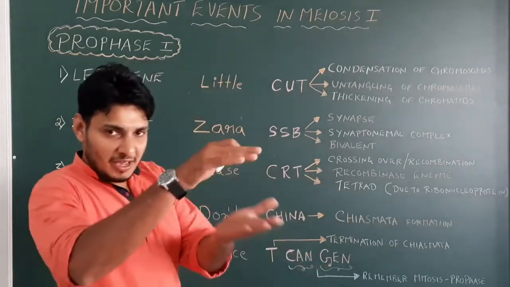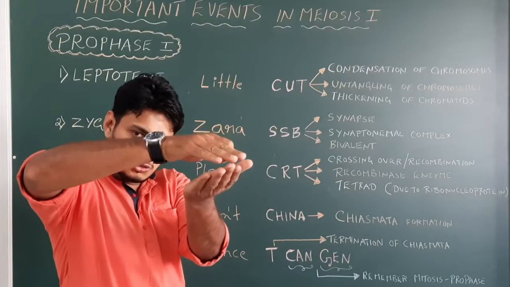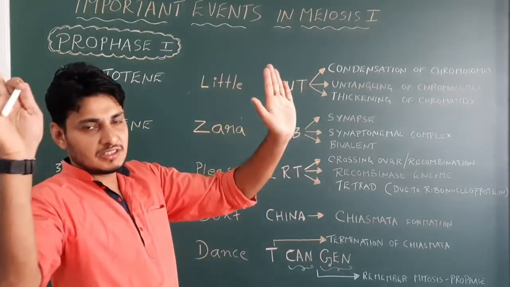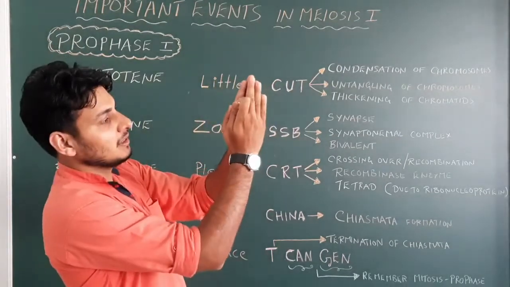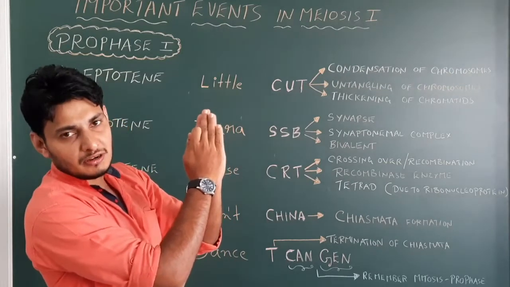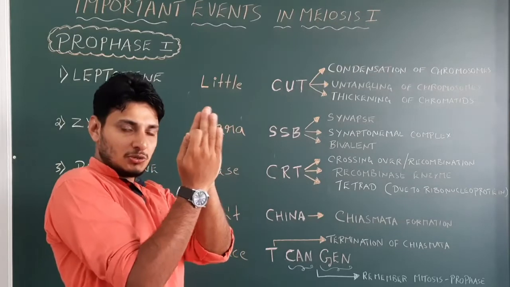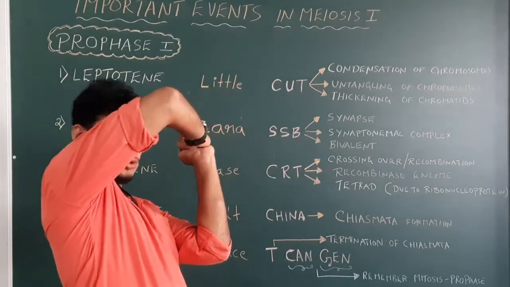T is tetrad. During the synapsis, 2 chromosomes come very close to each other and form a structure like this. See, this is one chromosome and this is another chromosome. Both are homologous. They come and finally they bind like this. Now, how many chromosomes are you seeing? Only one from your side. But if I see it like this, I could see 2 chromosomes, correct?